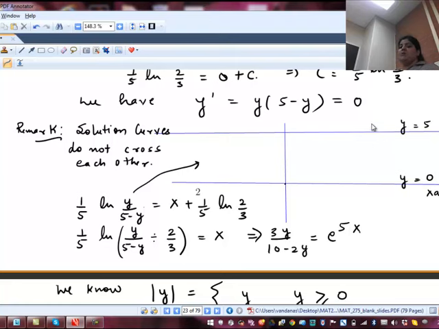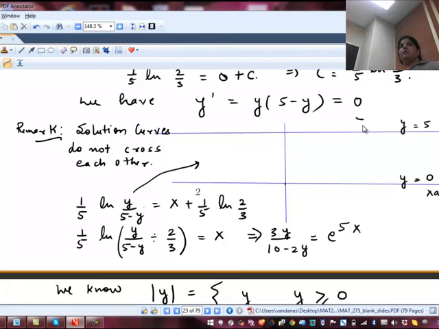I also told you that when y is bigger than 5, you will get the exact same expression, because y will be positive and 5 minus y will be... What will happen to that? So if I am here, I will go towards 5. But if I am above 5, where will I go?